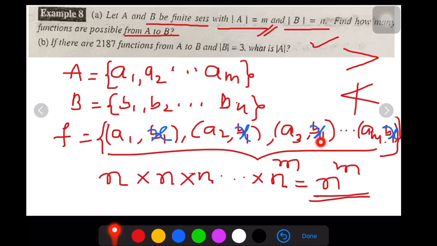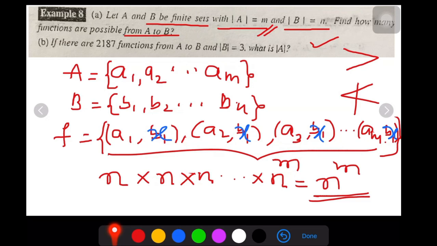Since we are writing in general, you have to take it in terms of the sizes m and n only. When you take this function, there are n choices. Here I can place b1 once, b2 once, b3 once, and so on, so it becomes n choices for this location.